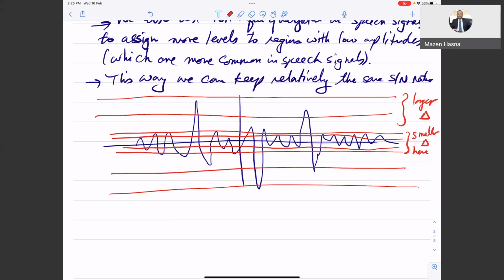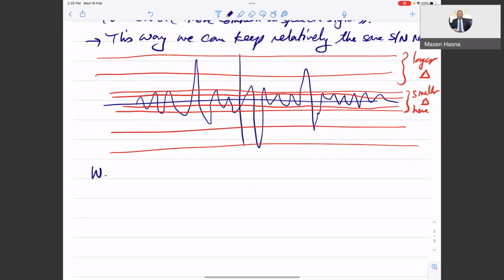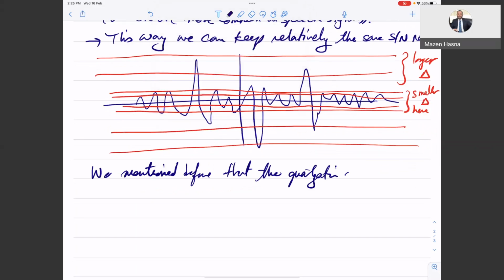So now if you have smaller delta, then when you quantize the signal, the error will be small compared to the signal, right? We mentioned before that the quantization noise, assuming uniform quantization, is delta square over 12, right?